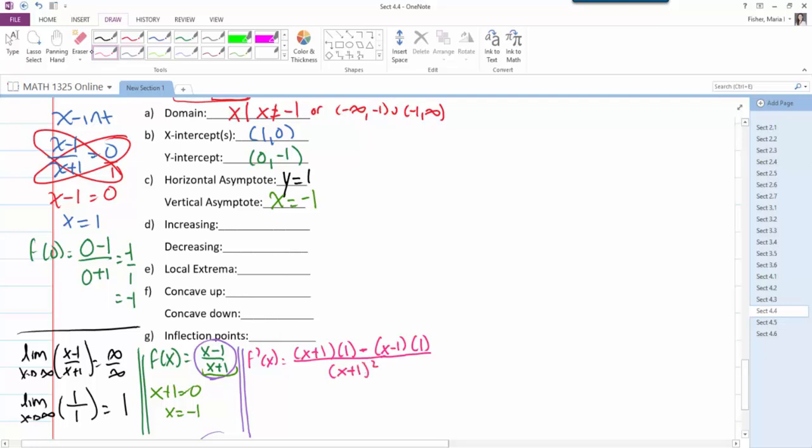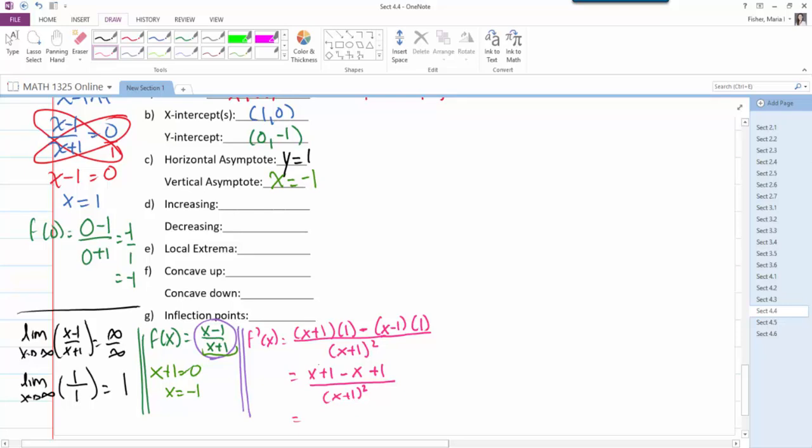If we were to clean this up, x plus 1 times 1 is just x plus 1. Here, x minus 1 times a negative is -x plus 1, all over (x plus 1) squared. Then we notice that our x's cancel and we just have 2 over (x plus 1) squared. So the first derivative is 2 over (x plus 1) squared.